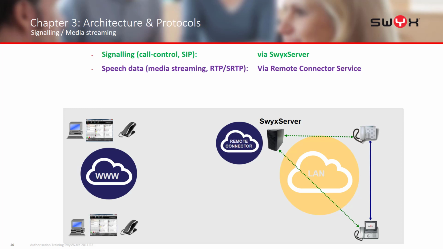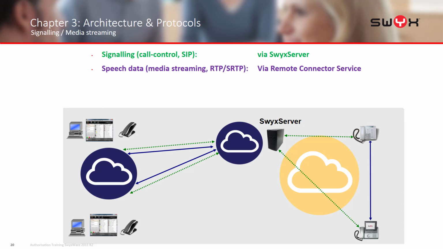So I can have home workers and they send their signal in over the internet to the remote connector. The remote connector sends the signal in back, and now when they start talking, the remote connector server is also proxying the audio. So we don't have to worry about any of these routing problems with home users, and it just connects over the internet without anything.